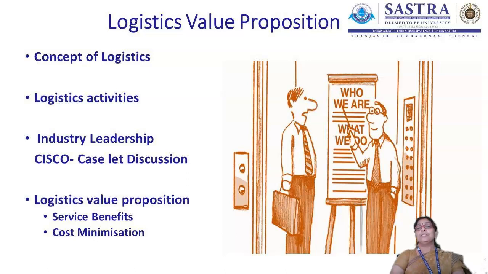So: customer service, demand forecasting, distribution, communication, inventory control, materials handling, order processing, plant and warehouse site selection, procurement, packaging, returned goods handling, that is reverse logistics, salvage and scrap disposal, traffic transportation modes, warehousing and storage. These are the common activities which we have seen.